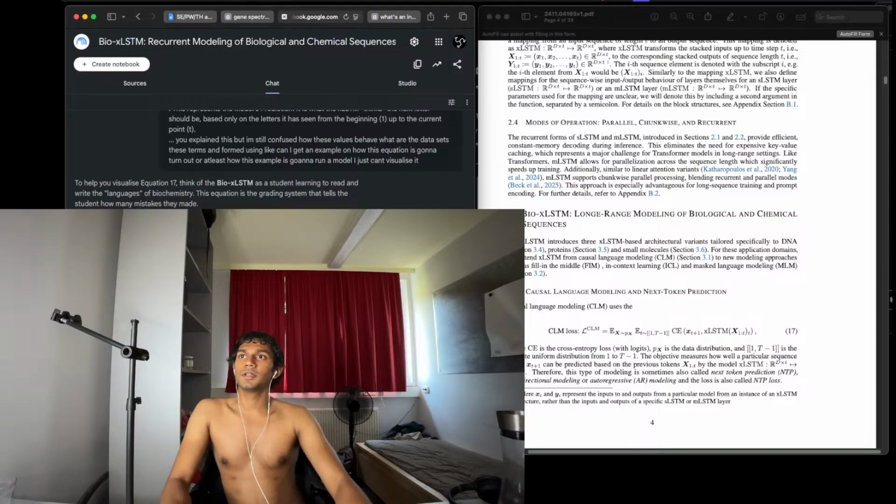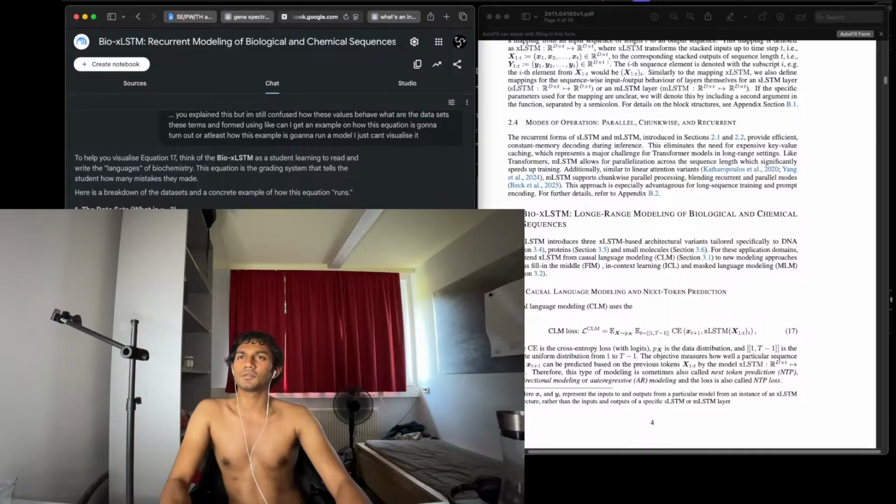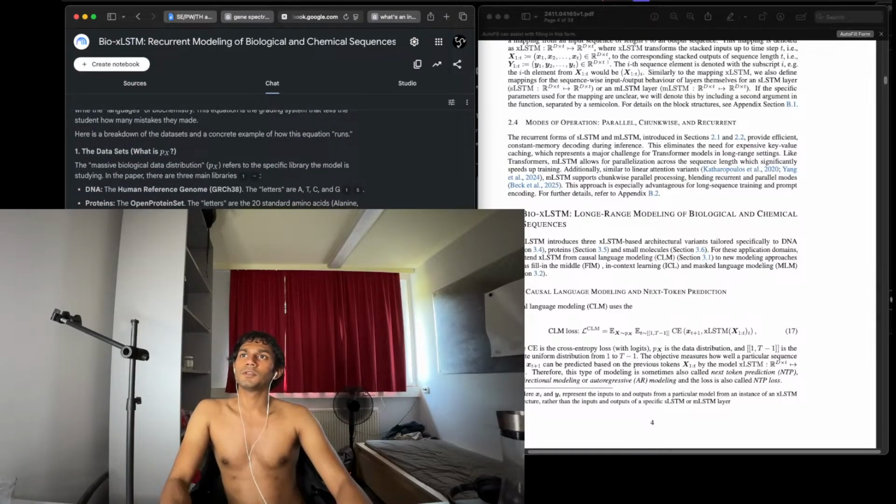A concrete example: reading DNA. Imagine the model is training on a tiny piece of DNA sequence from the human genome. The sequence length is 5. Goal: predict the next letter at each step.